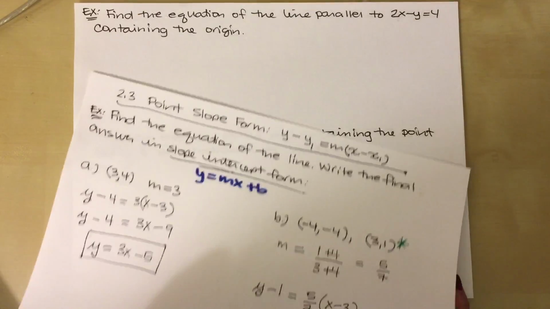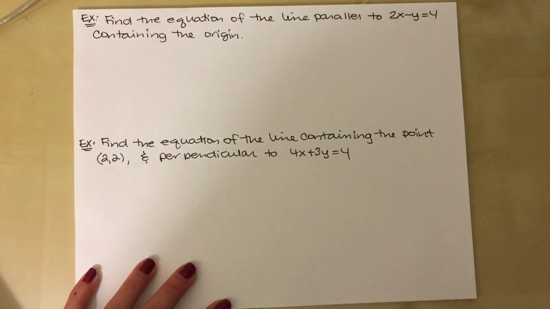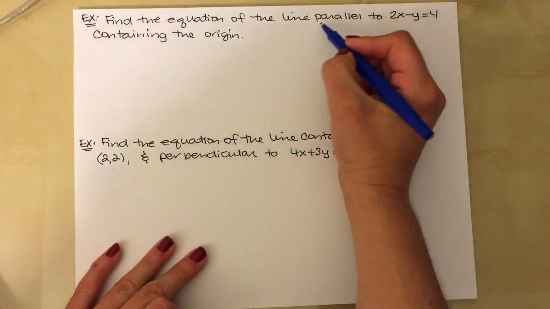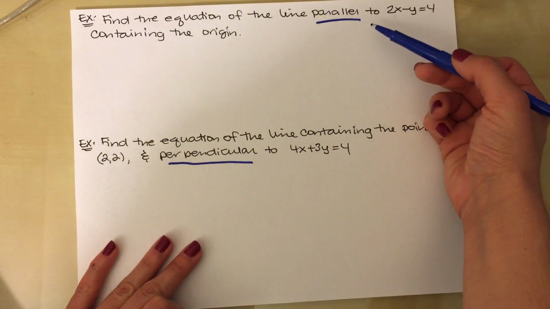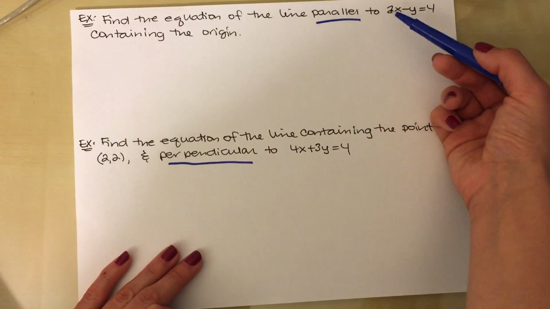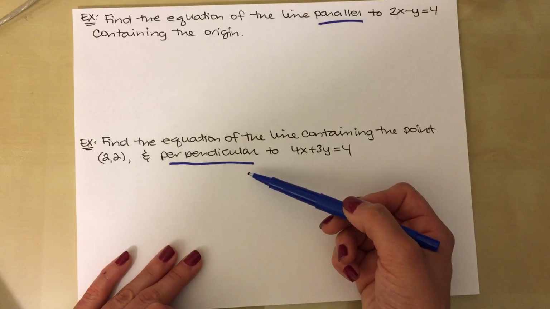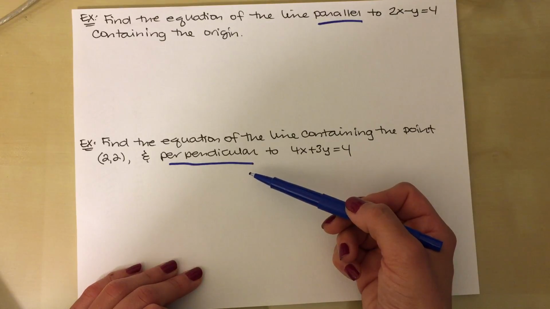Second part of this section has the following question. At the end of the section, you'll see some questions about parallel and perpendicular lines. Two parallel lines will have the same slope, and perpendicular lines have opposite reciprocal slopes, or negative reciprocal slopes.